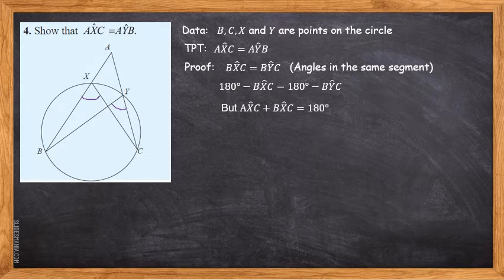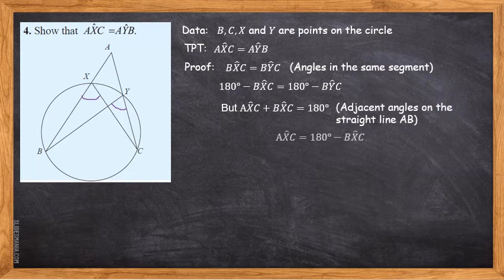But බලන්න අපි දන්නවා ඒ වුණාට AXC angle, this green color angle, plus BXC angle, that is this purple color angle, then sum of these two, මේ දෙකේ එකතුව සමාන වෙනවා 180 because they are adjacent angles on a straight line. Then if you subtract BXC from both sides, you get AXC equals 180 minus BXC. බලන්න ඇයි එහෙම කරේ කියලා. මෙන්න මෙතන තියෙන එක හදා ගන්නයි උත්සාහ කරන්නේ, right?